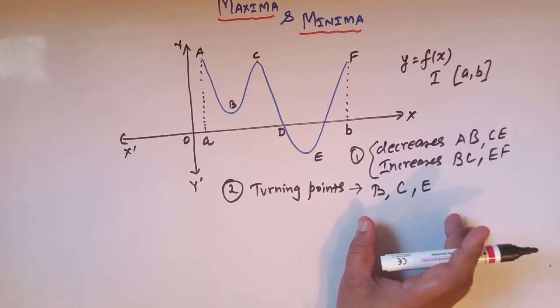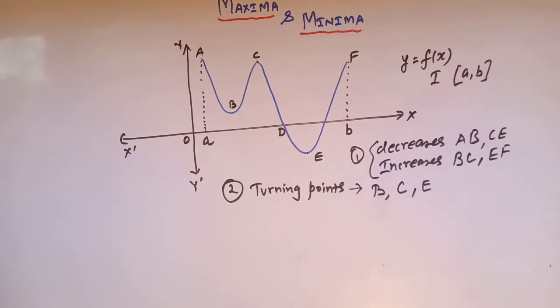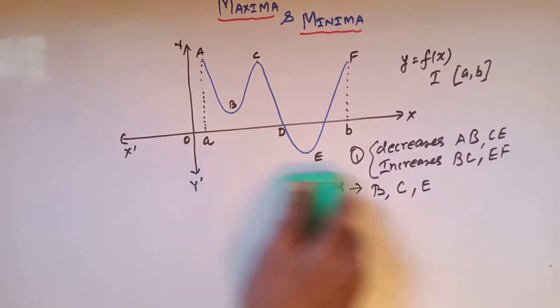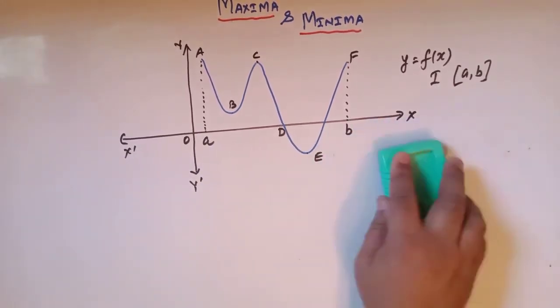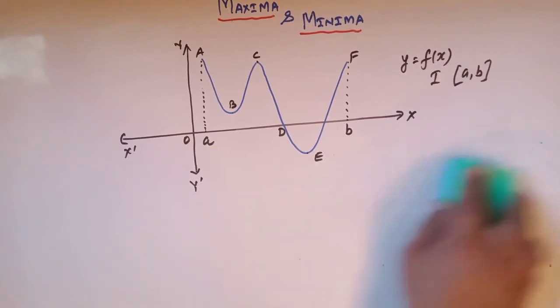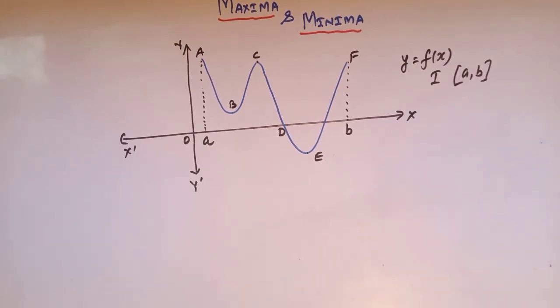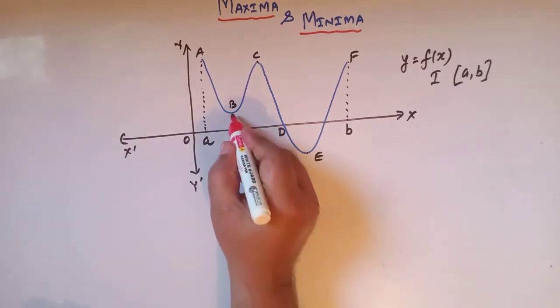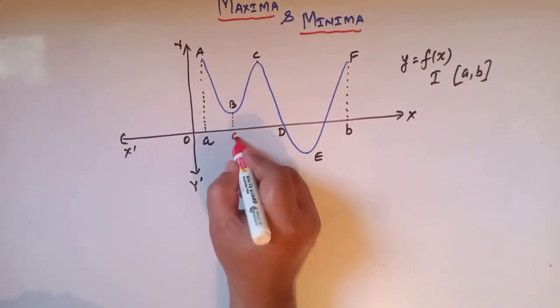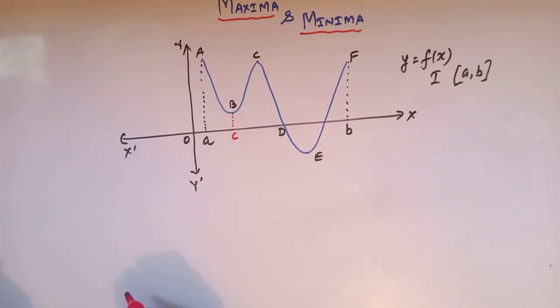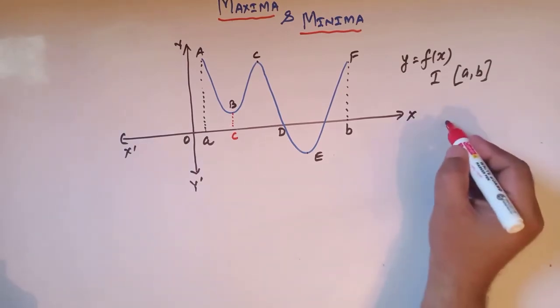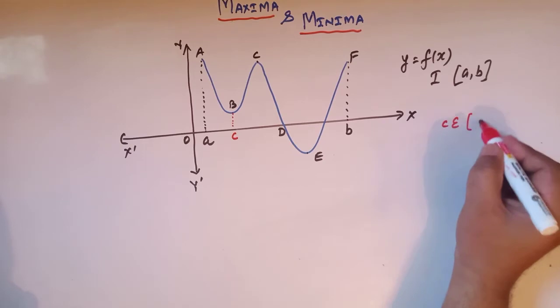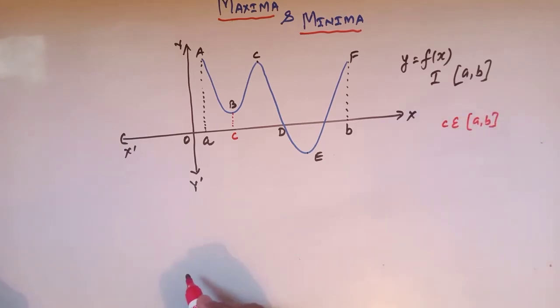Clear? Now viewers, let us take the point B. Now here we are taking, say, a point C. Now C belongs to this interval AB.